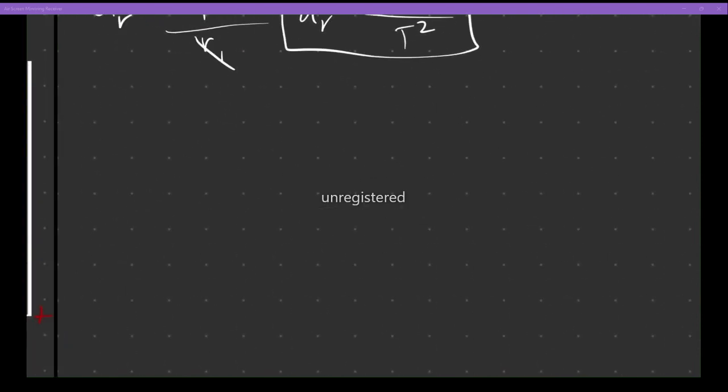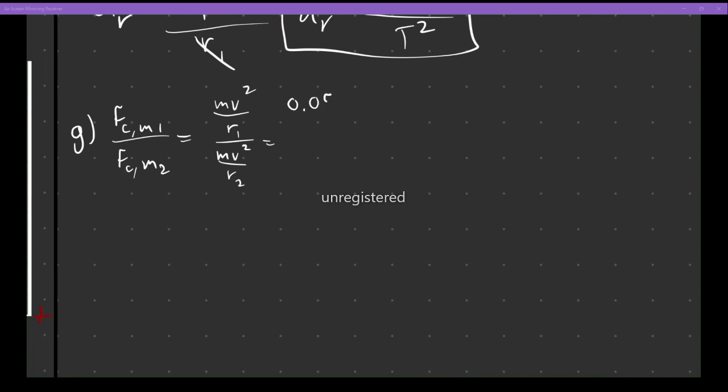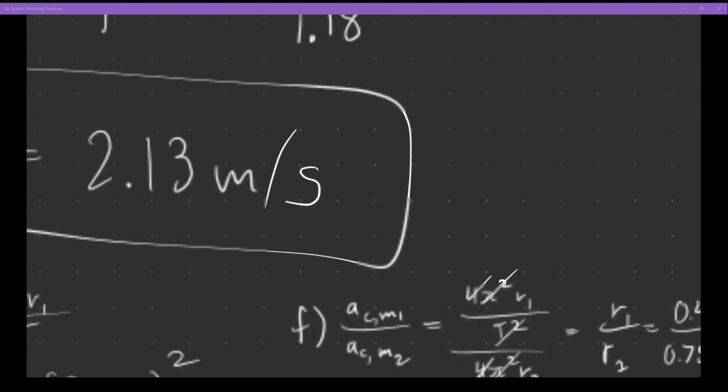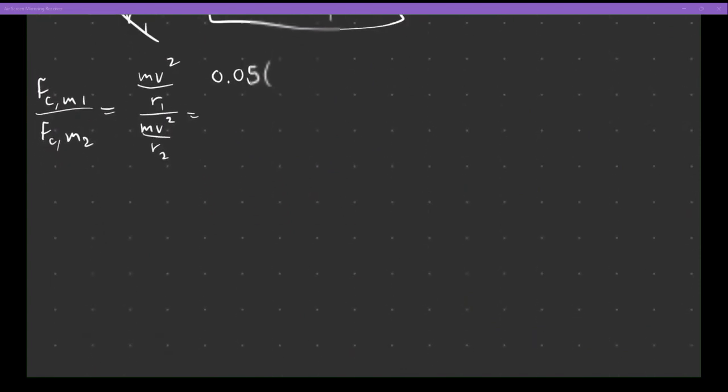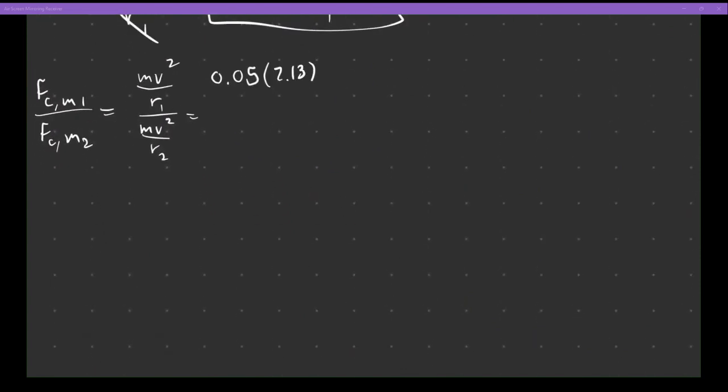We'll go on to part G now, which is just FC1, or F of C for M1, over F of C for M2, and then F of C is just mv squared over r1 in this case, and then mv squared over r2. And so the mass of the inner block M1 is just 0.05. The velocity for that is right here, 2.13. Square that over R1, which is 0.4.